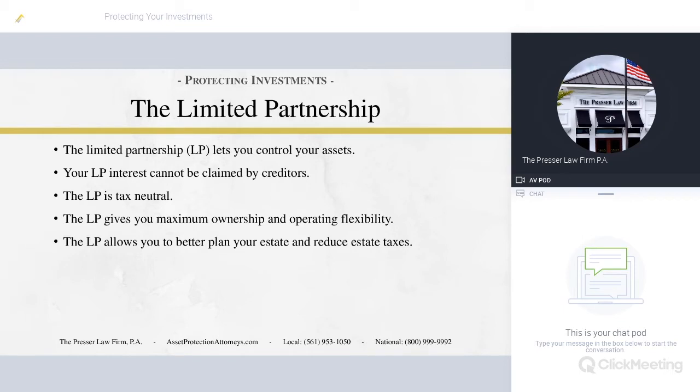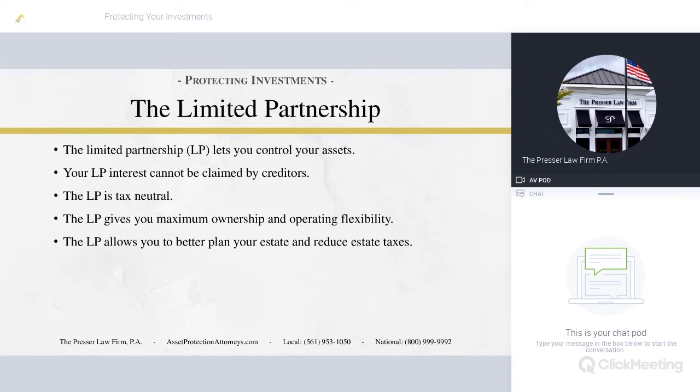But the way it works is that, unlike a general partnership where all partners have equal liability and equal say, a limited partnership is controlled by its general partner only. You can have multiple general partners, but only general partners control.